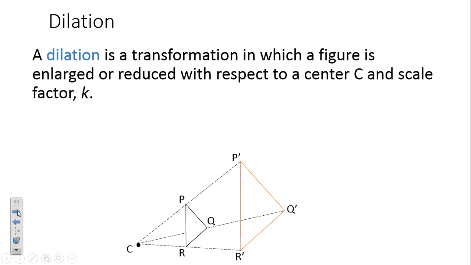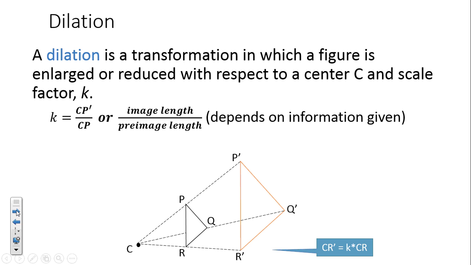Okay? The key thing to be aware of is that the distance from the point that we're dilating from to the new point is going to be equal to some scale factor times the original distance from C to R. Okay? All right, that's the formal definition of it.